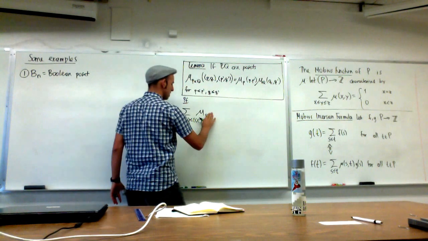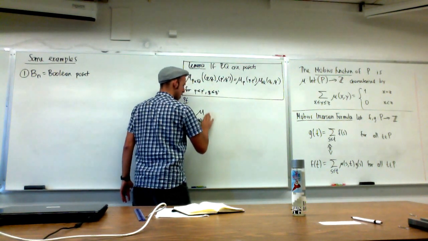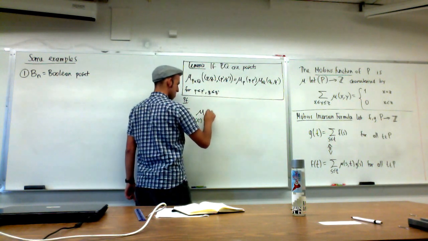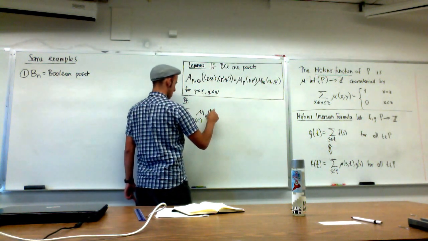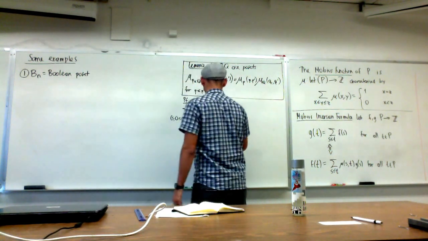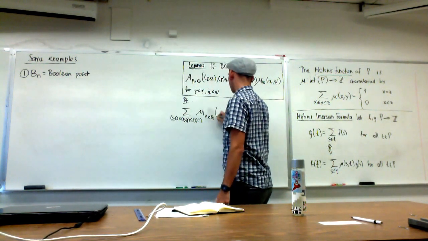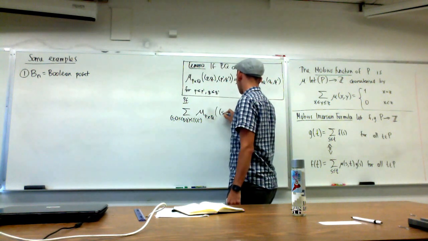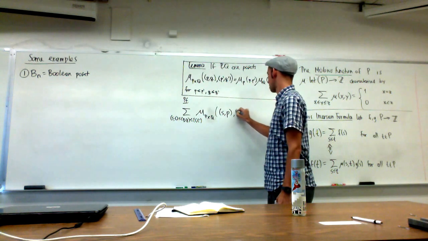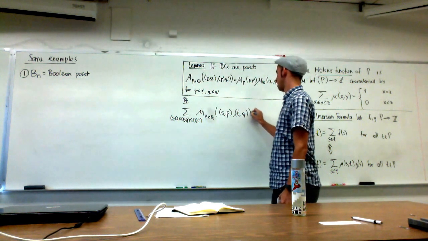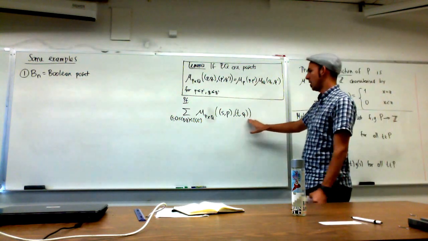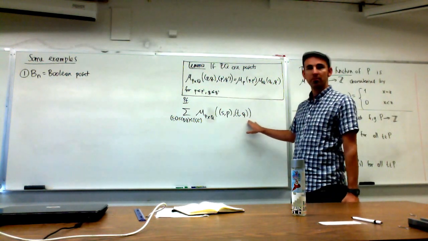Well, let me say it like this. What needs to hold is this property. This should be 0. Right? That's what I would need to show.